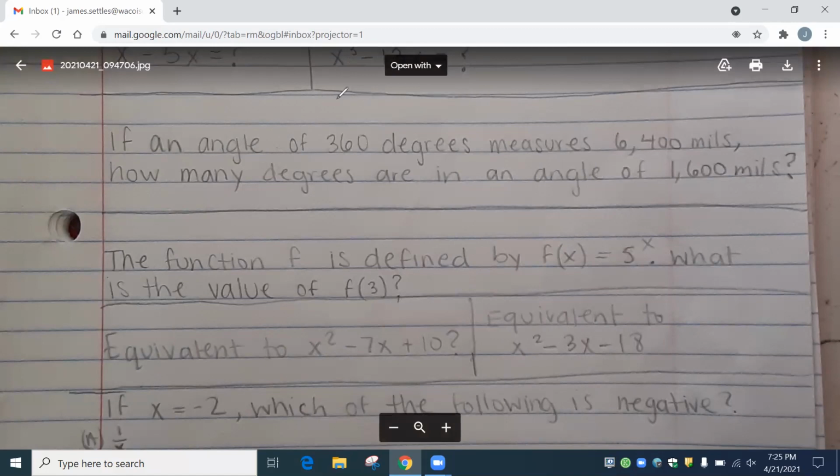You tend to see this when there's 3 things. Now, I'm not going to say this is always true, but when I see 3 things and 2 of them are talking about the same thing, they're both talking about mils, this is going to be a proportion. And a proportion is when you have 2 fractions set equal to each other.